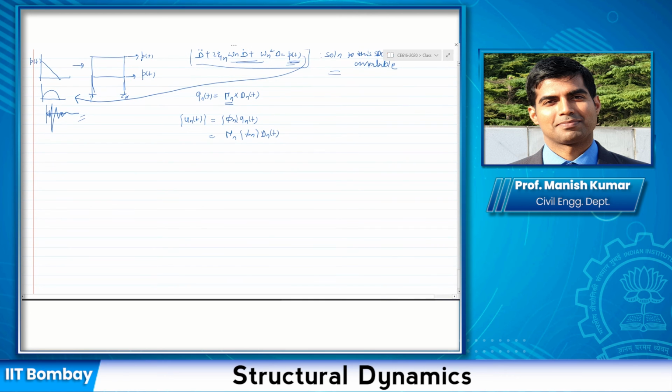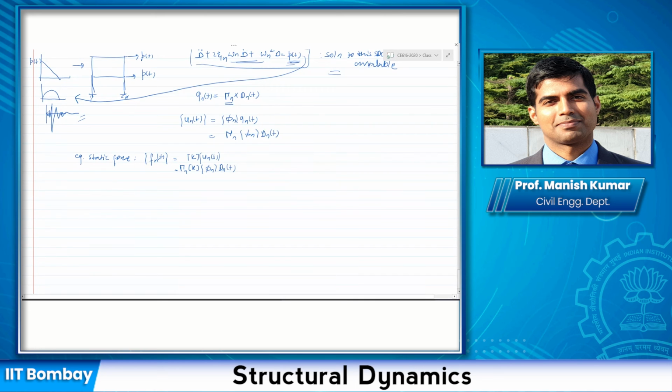Similarly, if I have to find out the equivalent static force in the nth mode, I can find this out simply by writing this as k times u n t. K is here. u n t, I can write this expression here. It would become gamma n times k phi n times D n t.